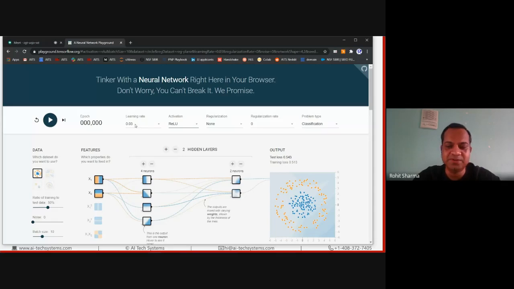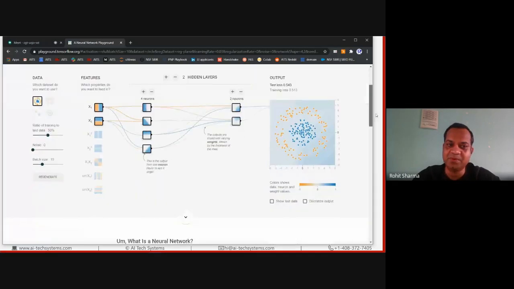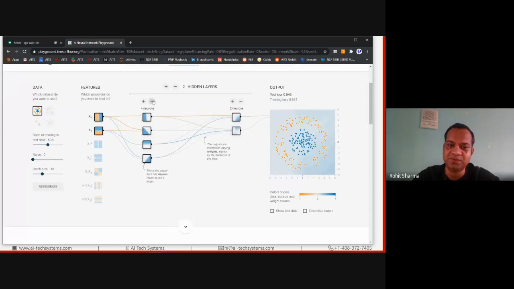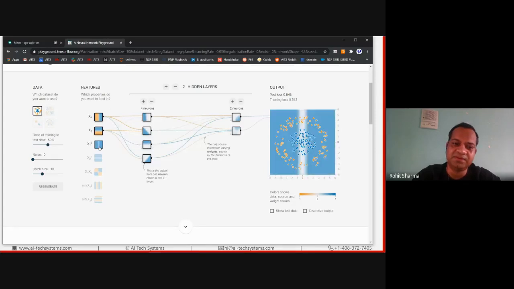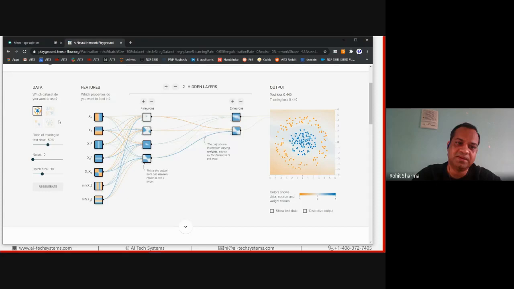Keep the learning rate to 0.03, optimal. And I'm going to run a couple of experiments just to show you. I'm going to keep this x1 and x2 only. There are no other features that I'm going to add. And let me add that first. I'm going to take this.